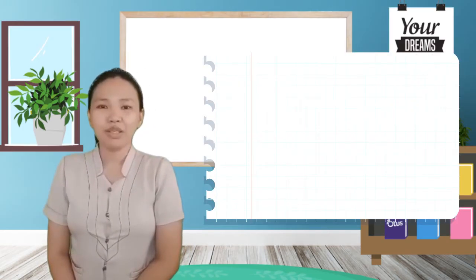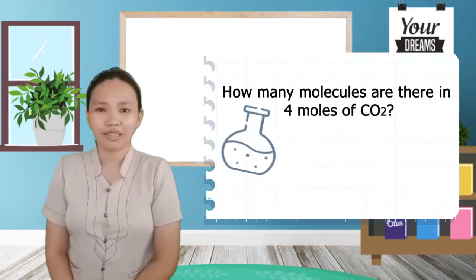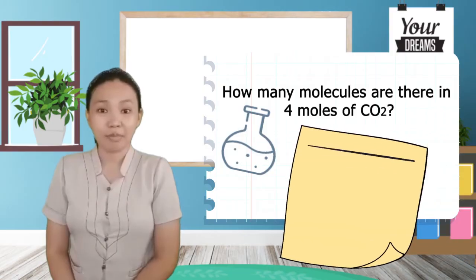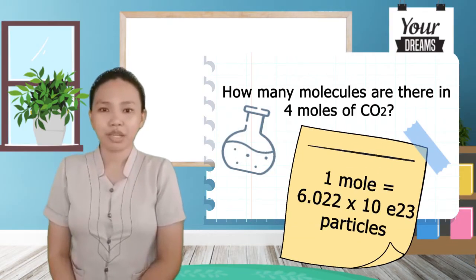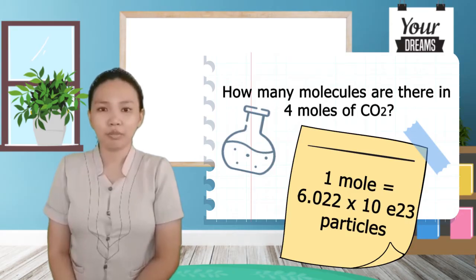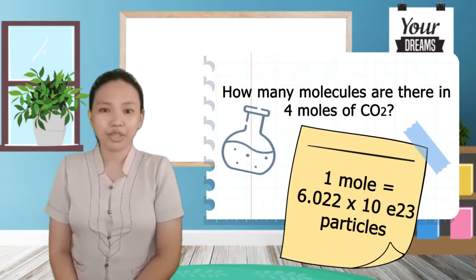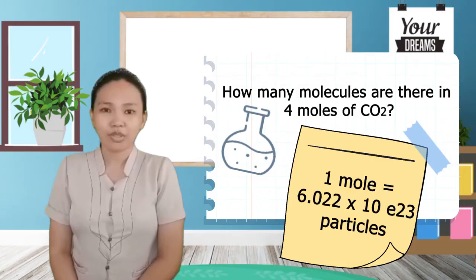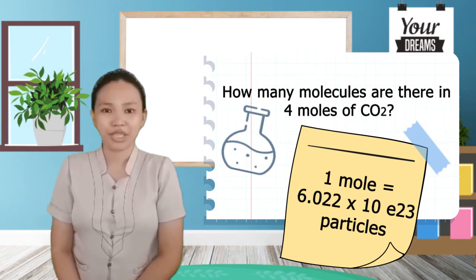Let's use this example. How many molecules are there in 4 moles of carbon dioxide? Let's remember that 1 mole is equal to 6.022 times 10 to the 23rd power number of particles. Thus, we will be able to convert the number of moles to the equivalent number of particles using this equation.